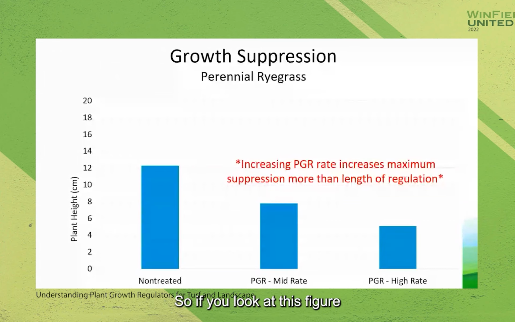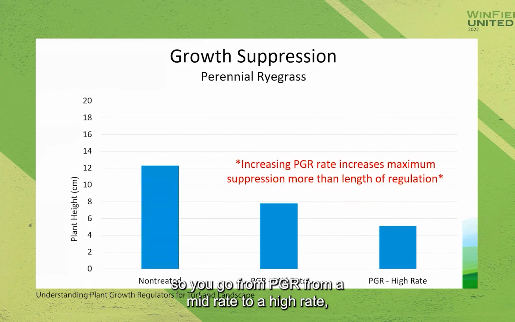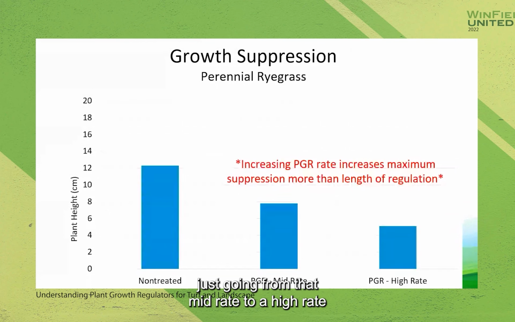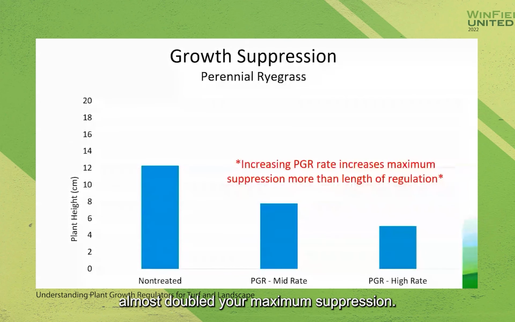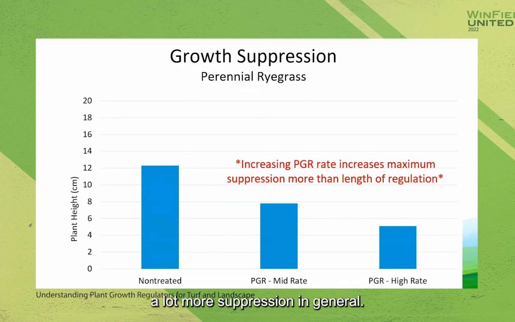So if you look at this figure and you look at the middle bar versus the right bar, so you go from a mid rate to a high rate, just going from that mid rate to a high rate almost doubled your maximum suppression. But I can promise you it did not double your length of regulation. So that's important to remember. Yes, you may get a couple more days if you up the PGR rate. But you're certainly going to get a lot more suppression in general.